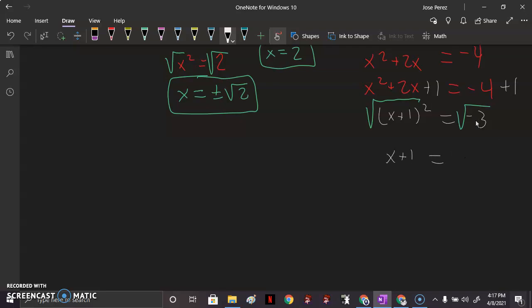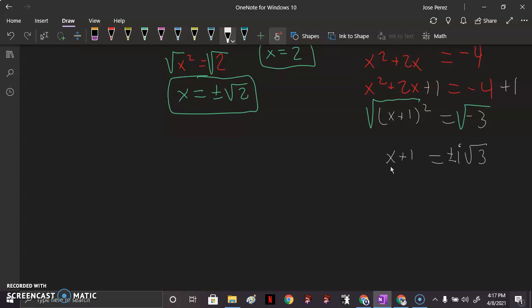Or if we take out the negative sign, we're left with i times the square root of 3. After this, we're going to move the plus 1 to the right. I forgot to mention that when it's imaginary, you get a conjugate, so it's positive and negative i times the square root of 3.